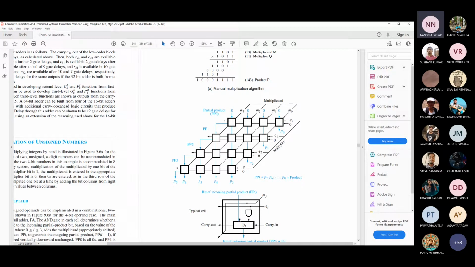That's why this partial result comes here. In addition, the result also produces a carry, so that carry goes here. So a simple block like this, where the multiplier bit comes here, the multiplicand comes from top, both are ANDed and added with the previous partial product that you received during the ith operation.